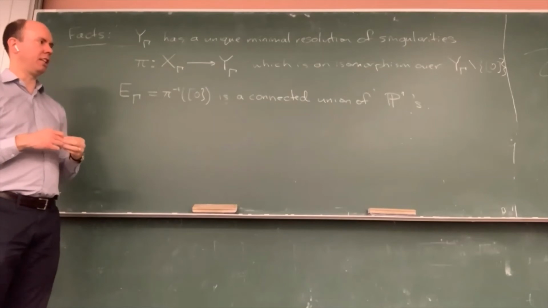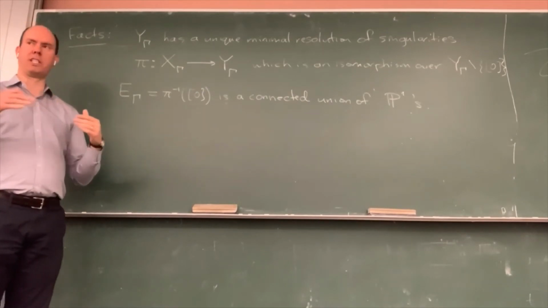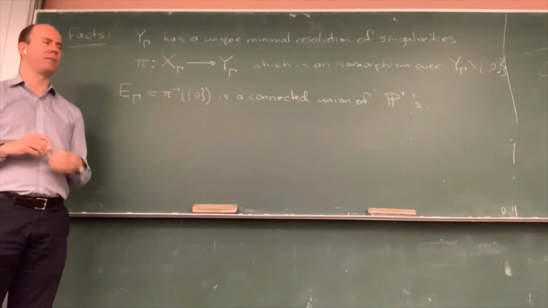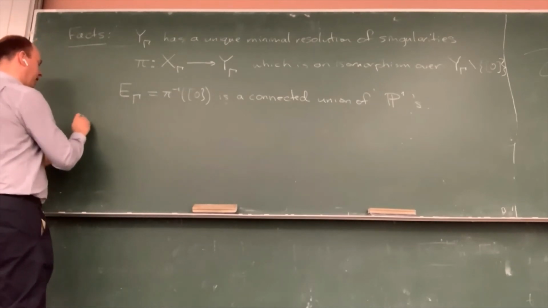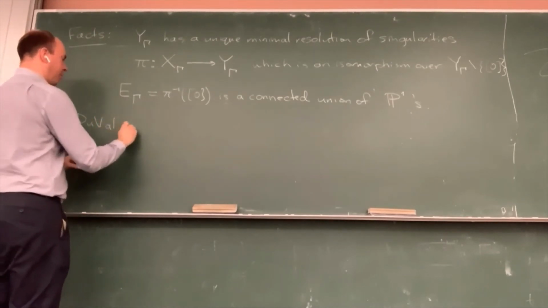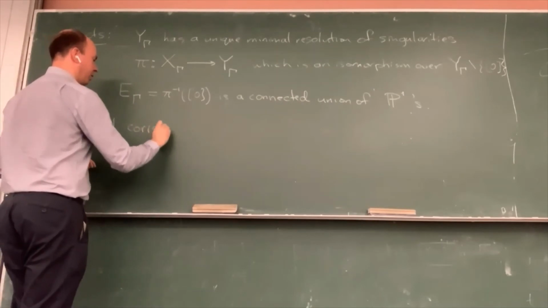So the information in there is really just about which projective lines intersect which other ones. And this is Duval's observation, which you could call the Duval correspondence.